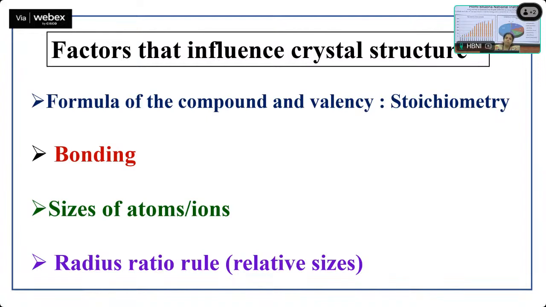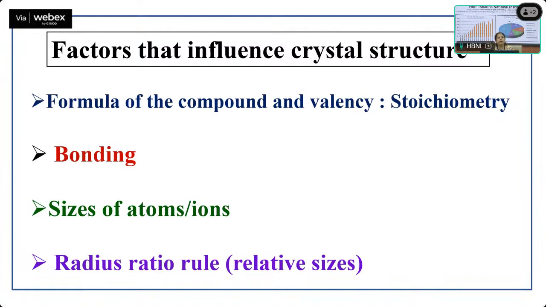Another factor that governs what kind of structure would be adopted is bonding. Why? Because as we'll discuss later, when you have compounds which are more covalent in character, they do not really want to be surrounded by too many atoms or ions because they are not gaining anything. In case of ionic compounds, the more the neighbors, the more the friendship, the more the electrostatic attraction, and the higher the stabilization.